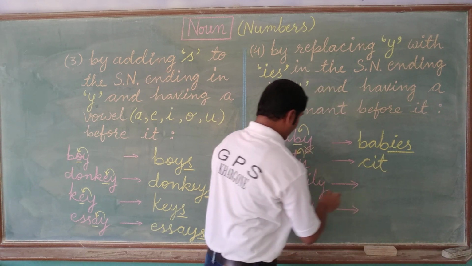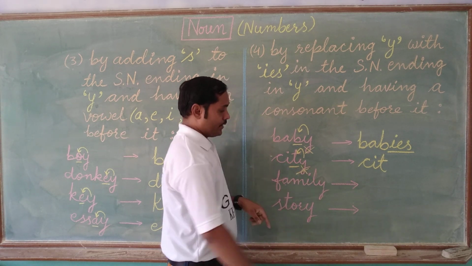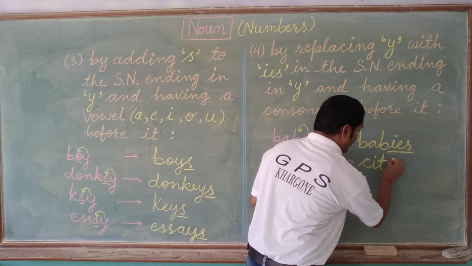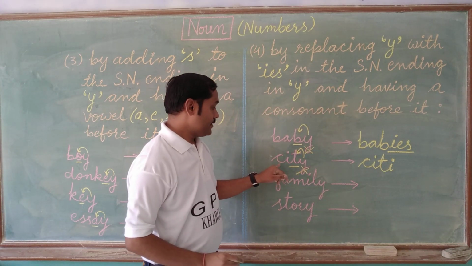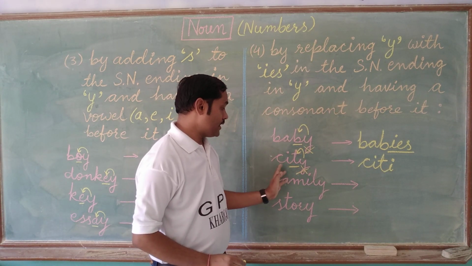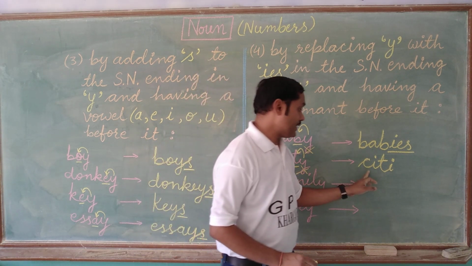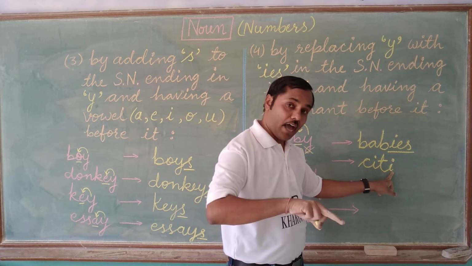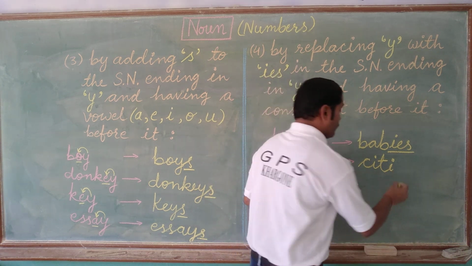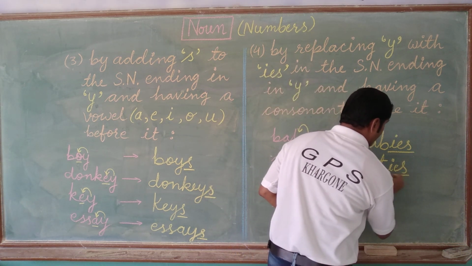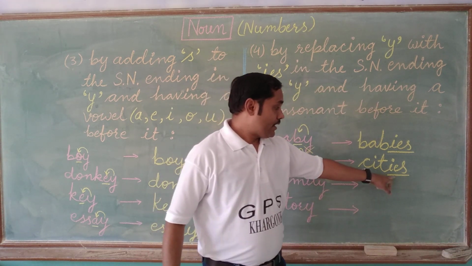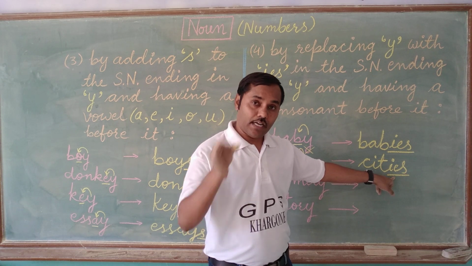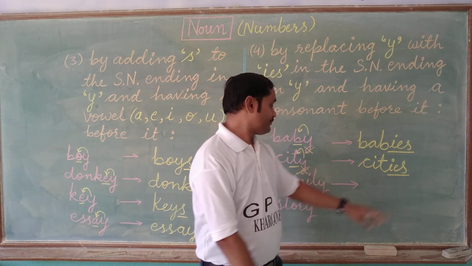C-I-T, but we need to remove Y. In place of Y we add I. Before, the spelling was C-I-T-Y, now the spelling is C-I-T-I. We replace Y with I. Then now we add ES. Now it becomes cities. So Y is removed and IES is placed.